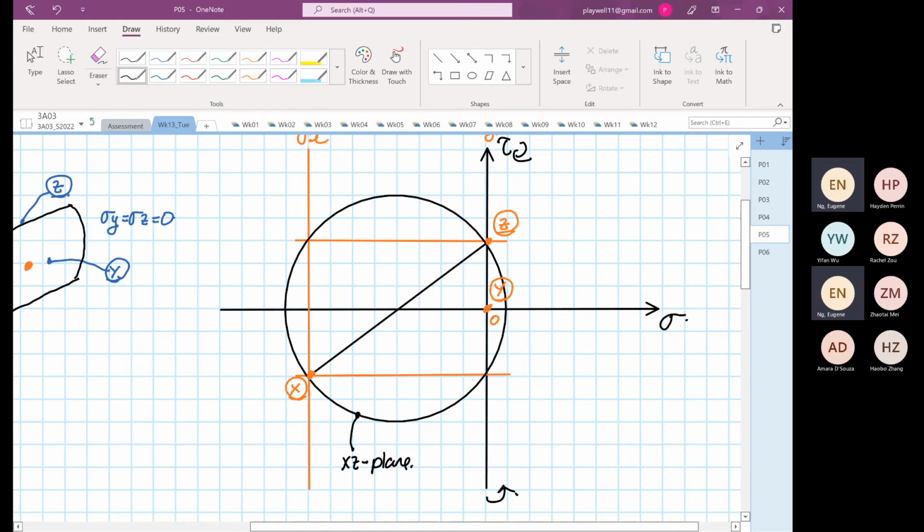And then we have another circle over here, and this is for our YZ plane.